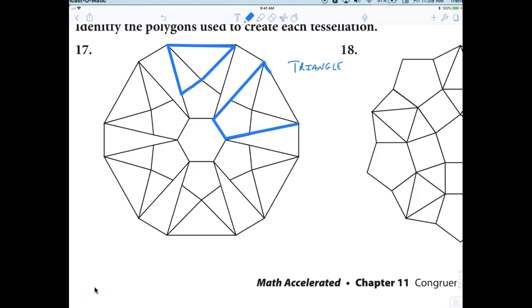Look at the dimensions of that one. It kind of looks like a pyramid. Yep. Good. All triangles. So that looks like a what? Quadrilateral. So everybody write quadrilateral down.